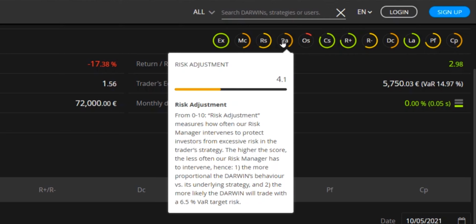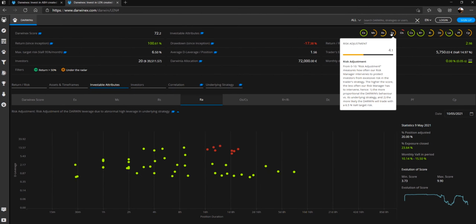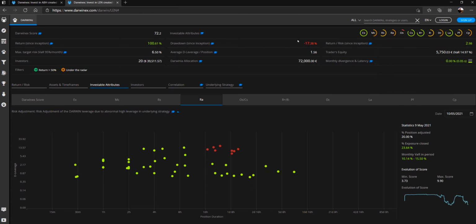And it's worth noting that just like the other investable attributes, the amount of data that's used to calculate these scores is again based on 12 D periods. And you can find out more about D periods either by watching my previous videos or searching for the term on the Darwinex platform.